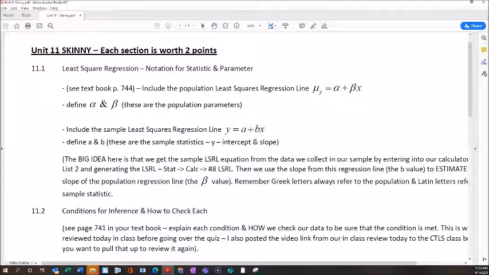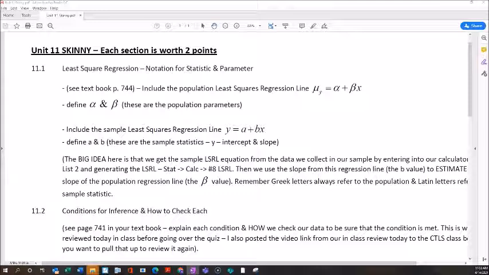Okay, and then for today, there's a practice test. So there's a practice test that's on OneNote, or will be on OneNote in a moment. I have to copy it over here. So you can do the Unit 11 practice test. The answers will be there.